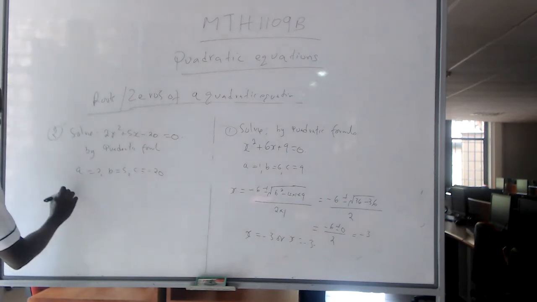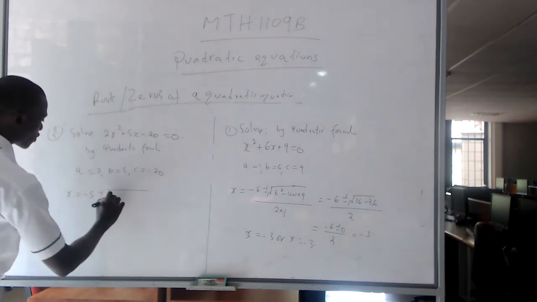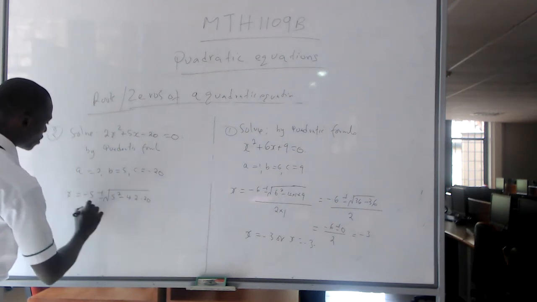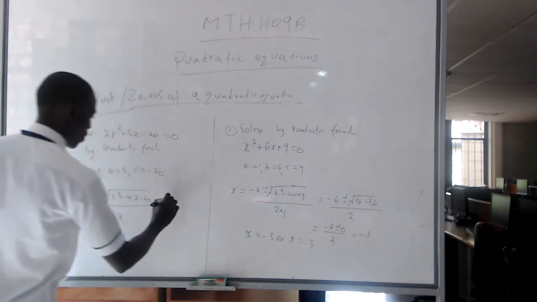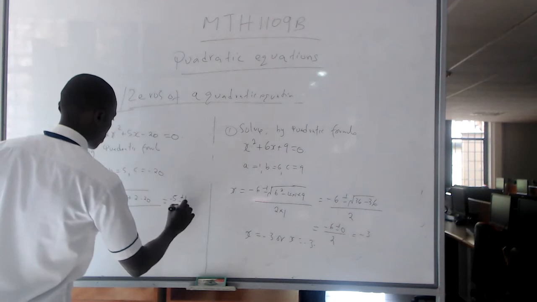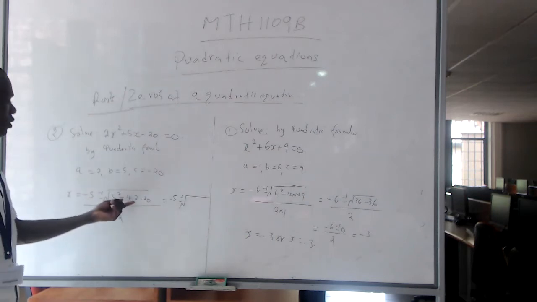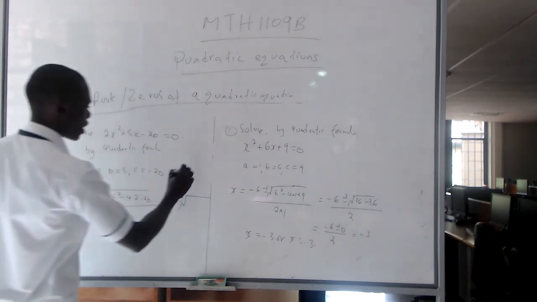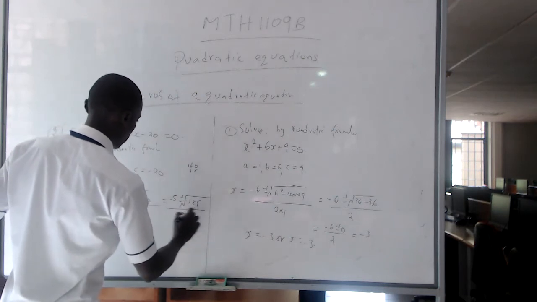So this means x is going to be minus 5 plus or minus the square root of 5 squared minus 4 times 2 times minus 20, all of that divided by 2 times 2, which gives minus 5 plus or minus the square root of, so 5 squared is 25, 4 times 2 is 8, 8 times minus 20 is minus 160. So 160 plus 25 gives you 185, all this divided by 4.